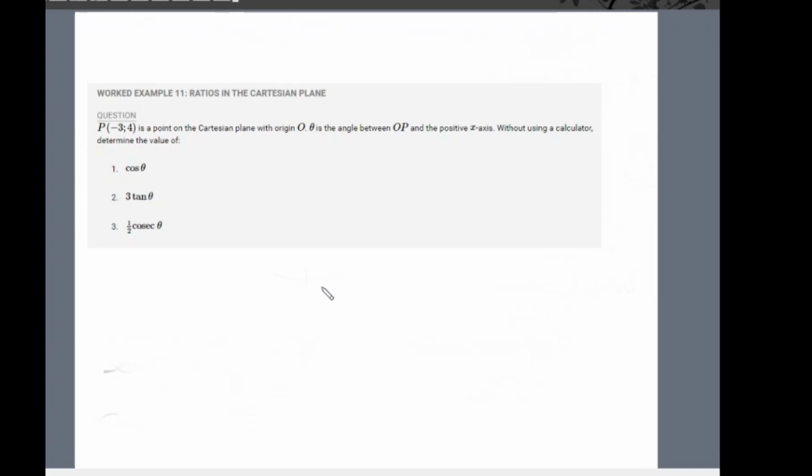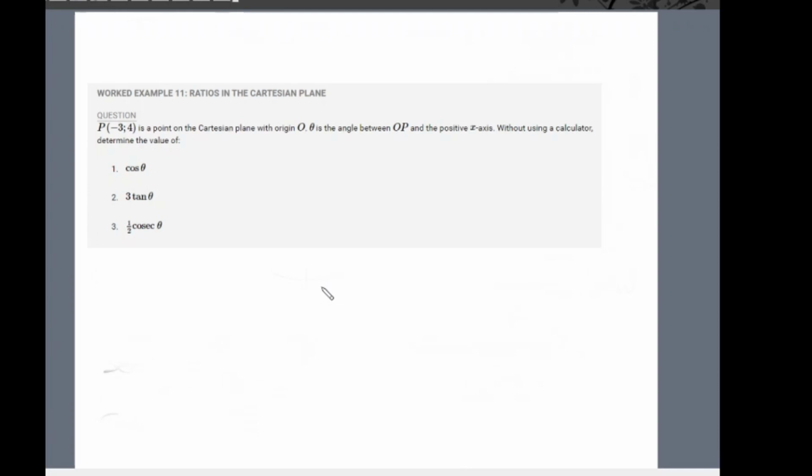The point P has those coordinates, is a point on a Cartesian plane with origin O. Theta is the angle between OP and the positive x-axis. Without using a calculator, determine the values of the following.